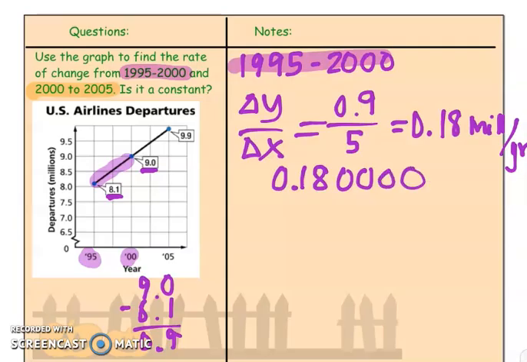So let's see, 0.18 million. So if this is a comma, so it's not quite 1 million. So it's 180,000 per year.